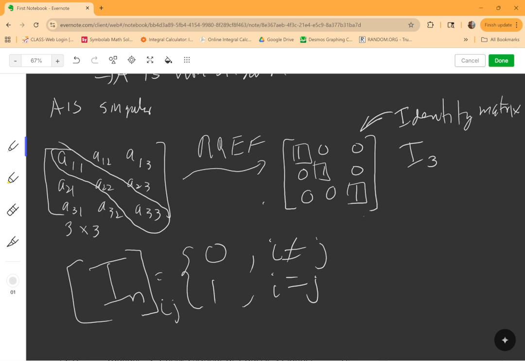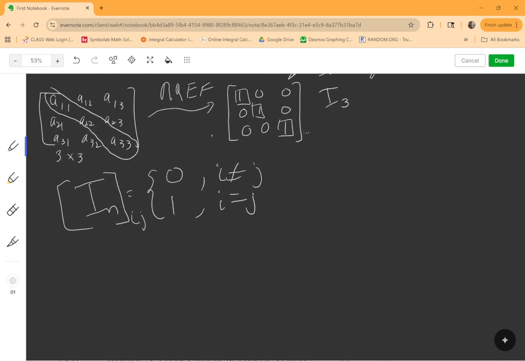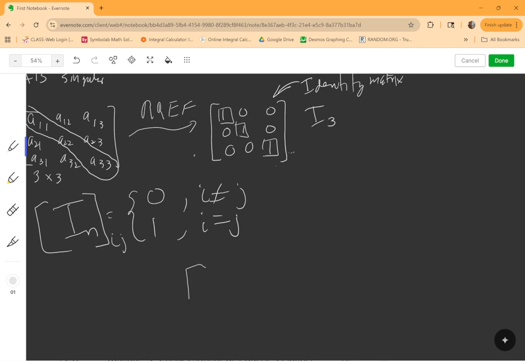And it turns out that, dealing only with square matrices, if it's going to have the trivial solution, it will always have to wind up in this situation. Because if I had a 3 by 3 that wasn't the identity, in reduced row echelon form it would look something like this, where this is just some constant k.